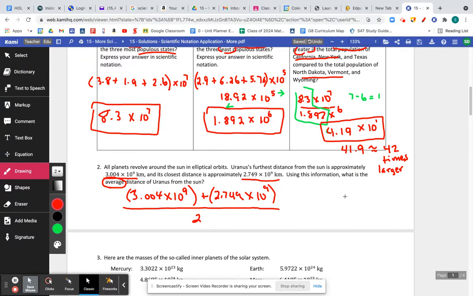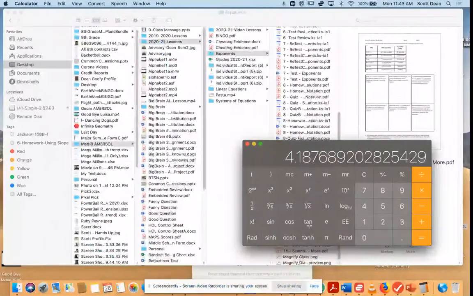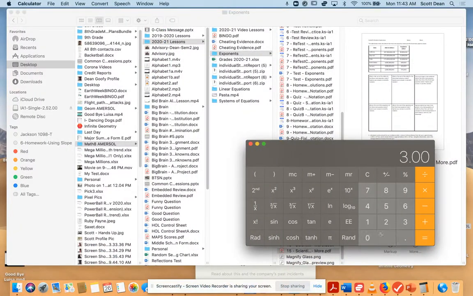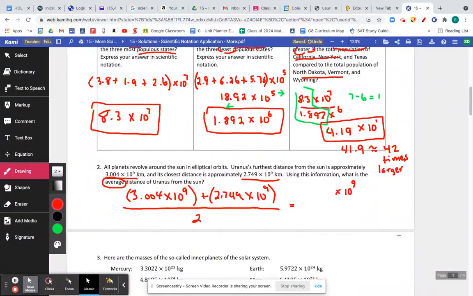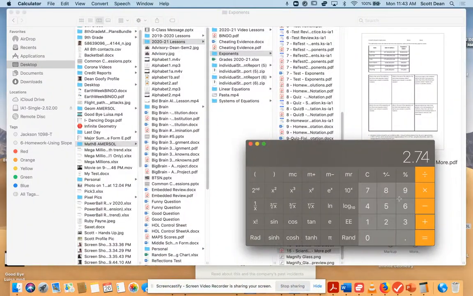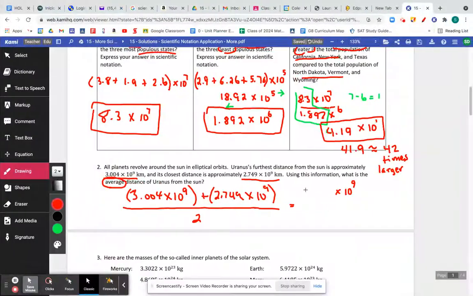The power stays the same. So I already know this top is going to be times 10 to the 9. Then I'm going to come over in my calculator and add these parts. 3.004 with 2.749. 5.753.